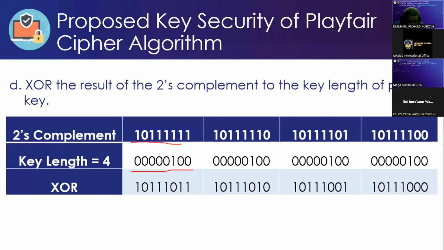And so on with this one, 1 and 0 is 1, 0 and 0 is 0, 1 and 1 is 0. Okay, so that is the XOR of the 2's complement of the values A, B, C, D. And so on with these 3 characters.